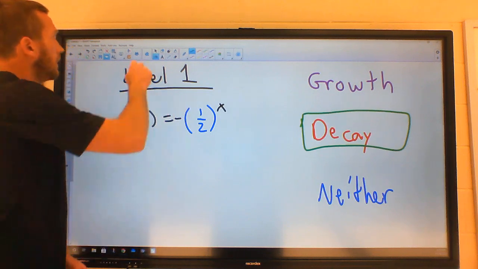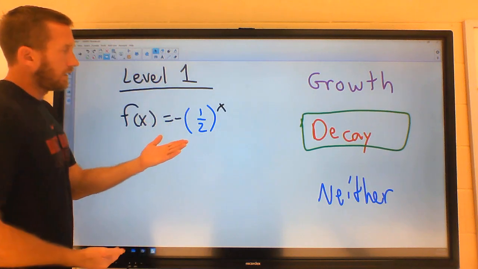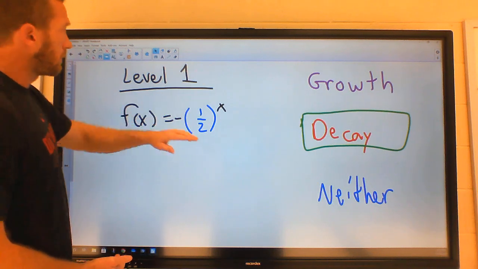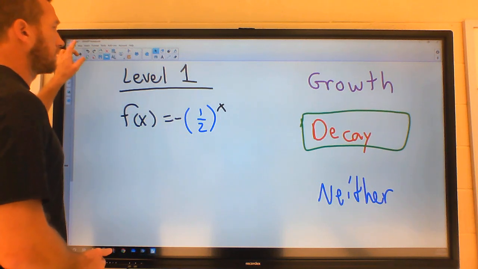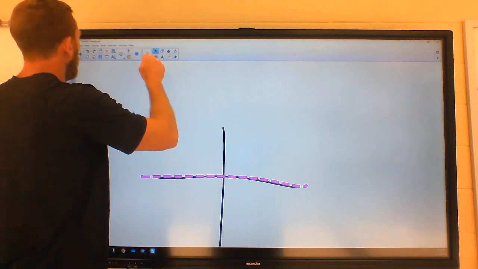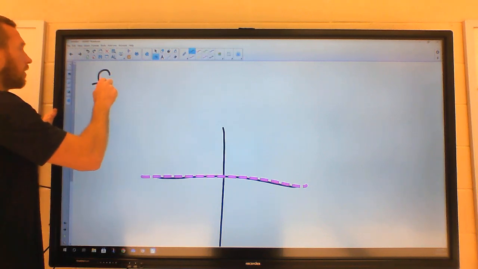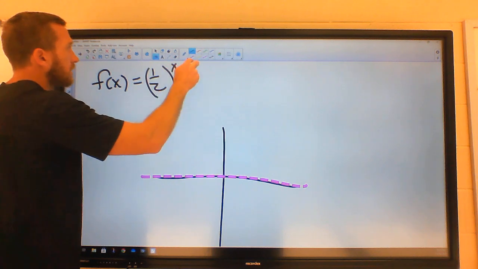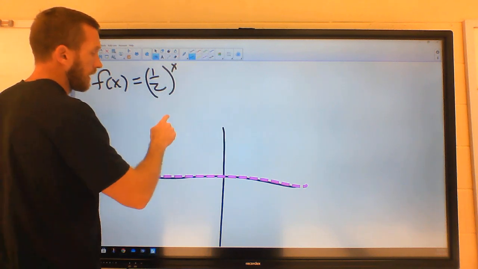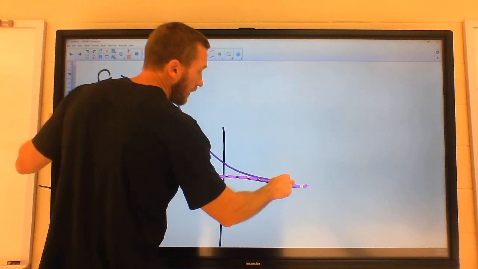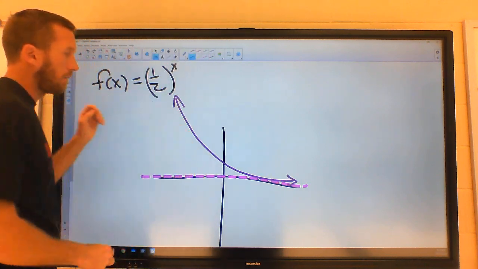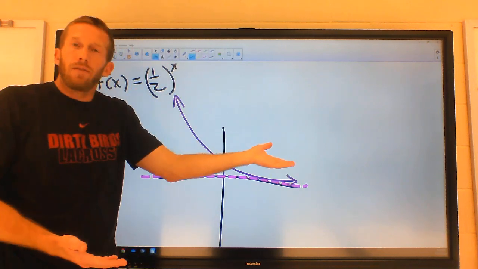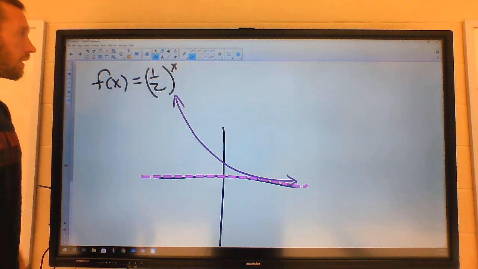of our base, what that does is it takes every value and it flips it over our asymptote. Meaning, so here was our original function, and it was a decay function, 1/2 to the x. So 1/2 to the x looks like this. I just know that off the top of my head, but this is clearly a decay function by shape. Okay?